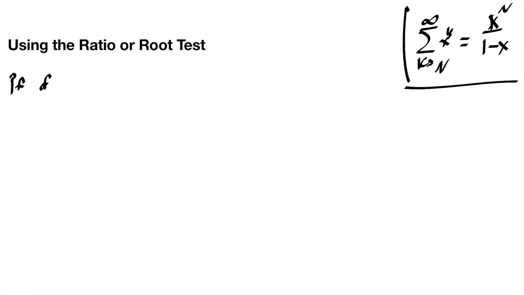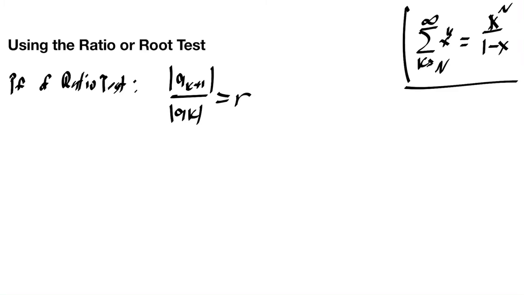If you remember the proof of the ratio test, what we said was, if n is large enough, then we compared a sub k plus 1 over a sub k, which approaches r, and we said that's less than some x, which is less than 1.